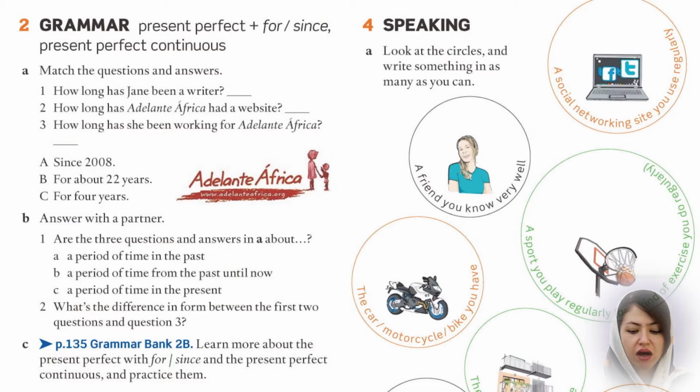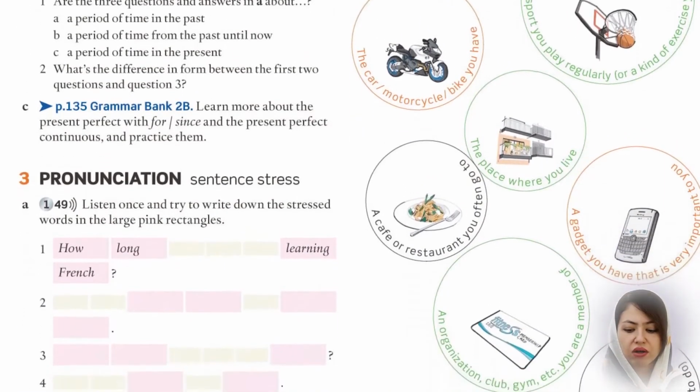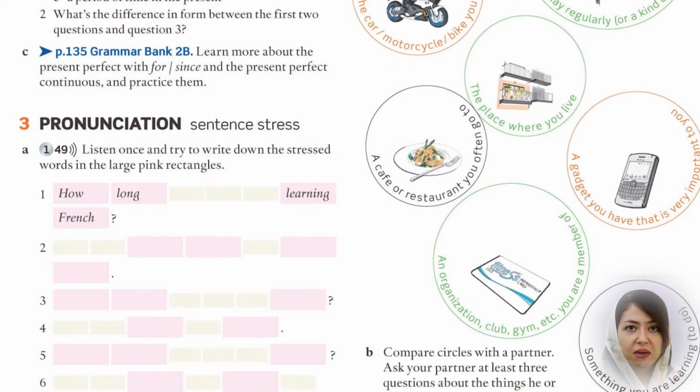So, the car or motorcycle or bike you have. Again, you can say, I've been driving my car for over 6 years, or I've had my car, or motorcycle or whatever. Now, the place where you live. I've been living here in this town for over 16 years, for instance.